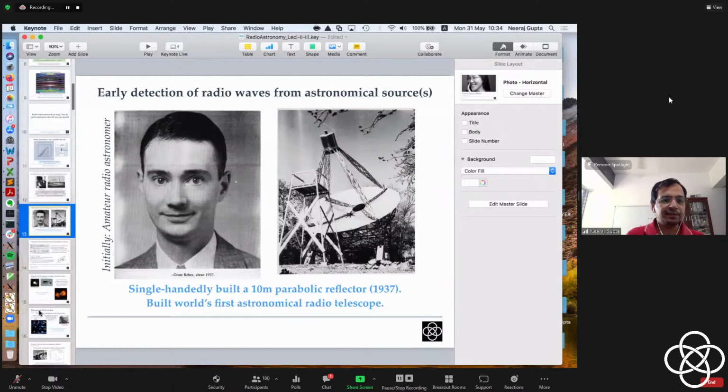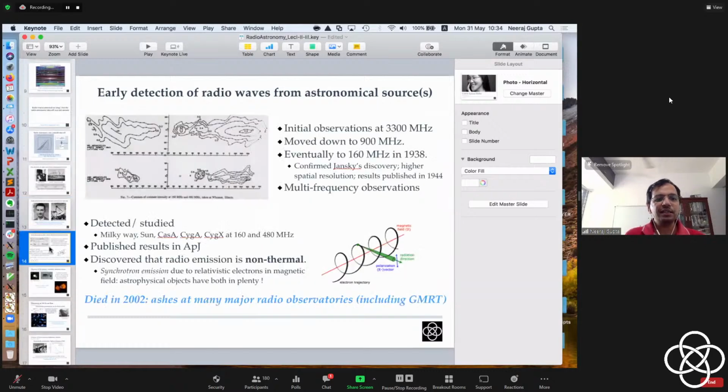So this is fantastic. So you can think of this as the set of events and the time when radio astronomy actually took off, especially after the Second World War, when the timing was right, when people started doing radio astronomy, institutes and observatories started getting set up. So we are talking about the 1950s here.